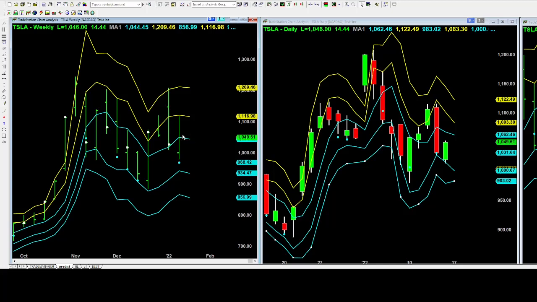And if it goes up, it may go up to this $1,116.98, or if it goes down, it has a very high probability to still go down, even down to this $934.